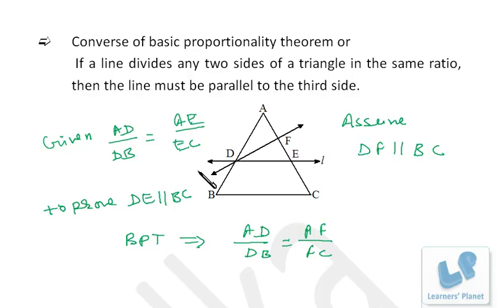That's already given. That means AF by FC must be equal to AE by EC. That means E and F should be the same point, right? That means DF is not a new line. The line DF is actually the line DE only, right? So friends, this is the converse of basic proportionality theorem.